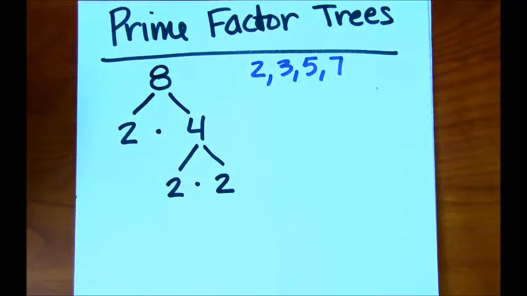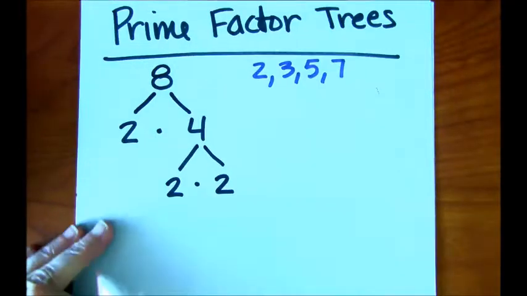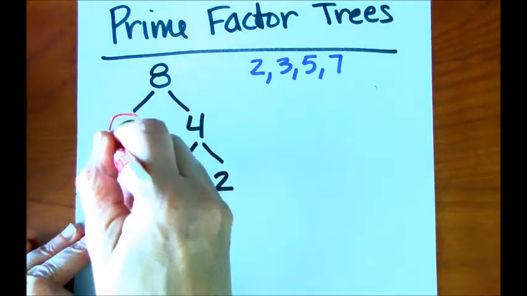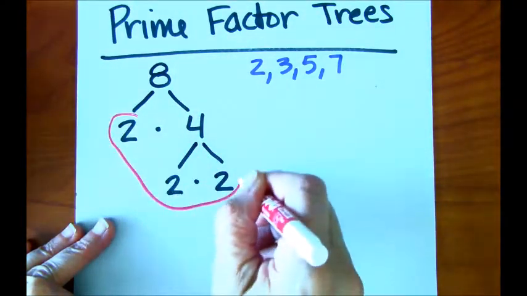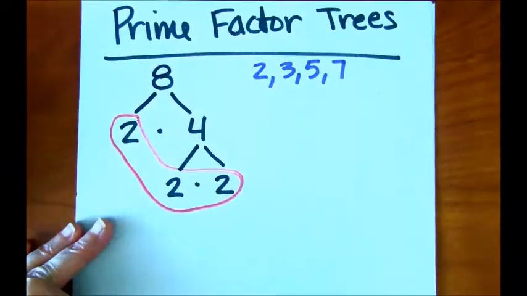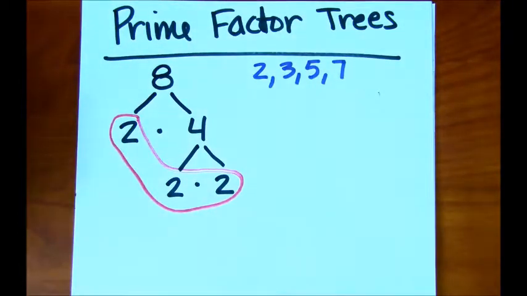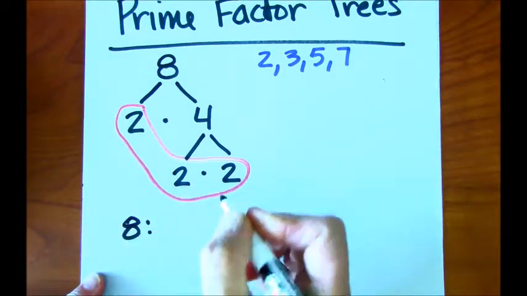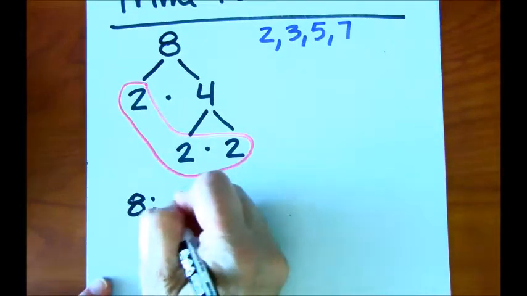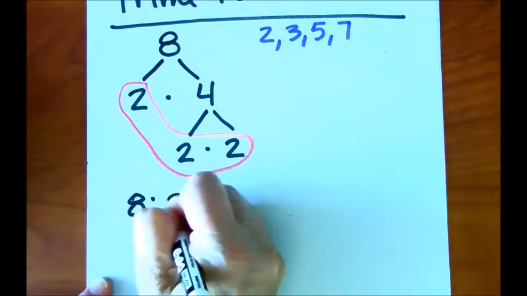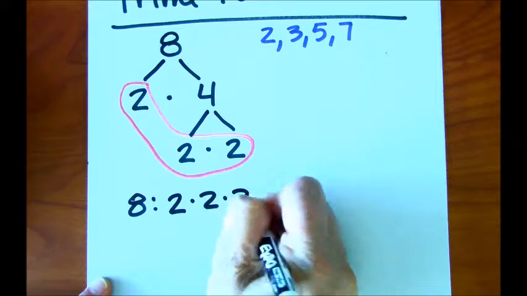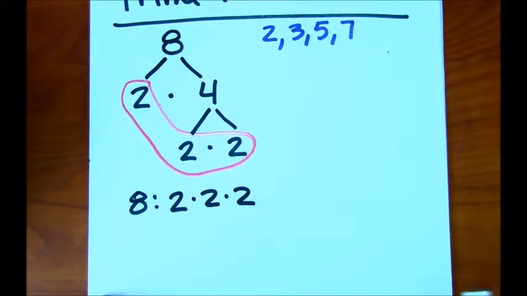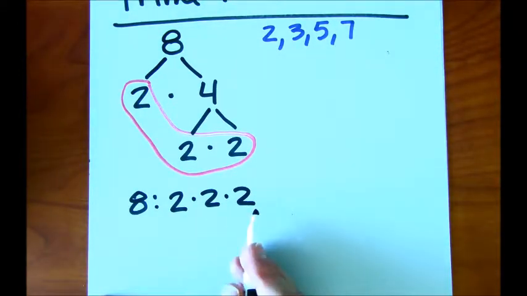You can see that these numbers on the edge of my branches are the prime numbers. If I write them down, it's going to look like this. So 8 is made up of these prime factors, 2 times 2 times 2. And that's true. 2 times 2 is 4, 4 times 2 is 8.